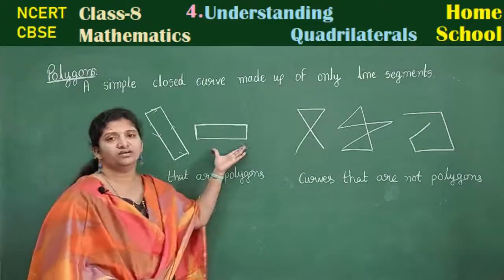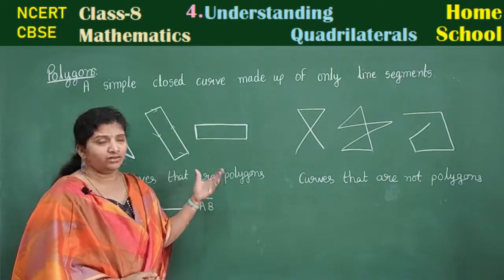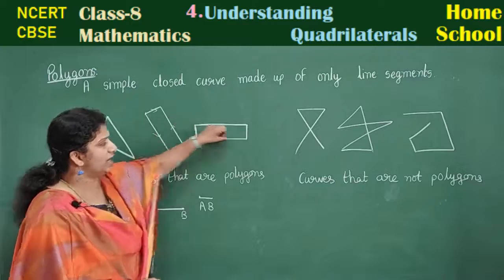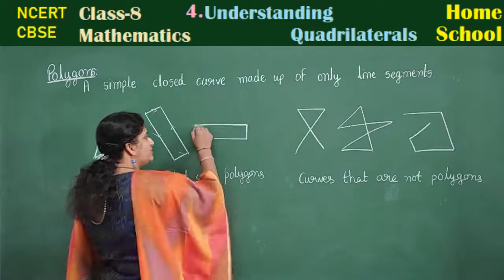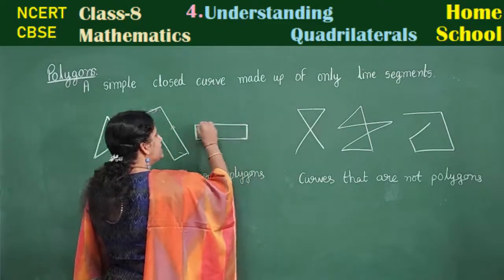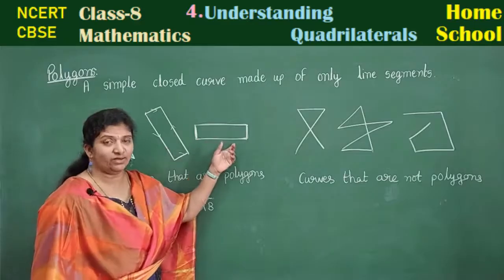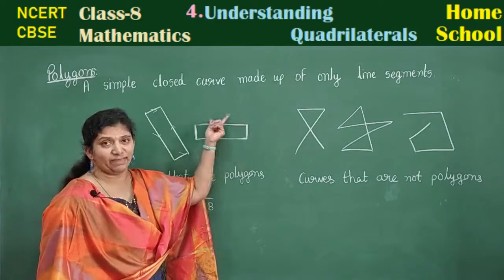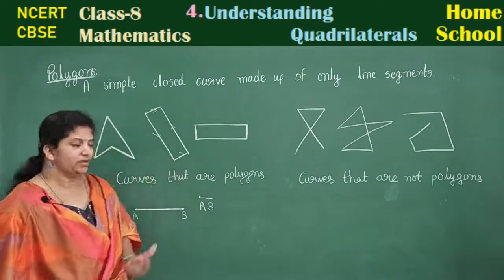You can see here, this is also a sleeping rectangle, right? From here, if you start, again it can meet at the same point. Just we draw this figure. Very simple. Simple closed curve with line segments. Then we call this a polygon.